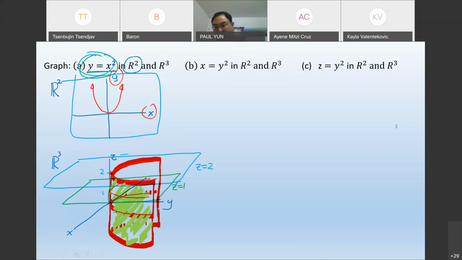If you understand this, type yes, please. 1, 2, 3, type. It's a parabola kind of shape.